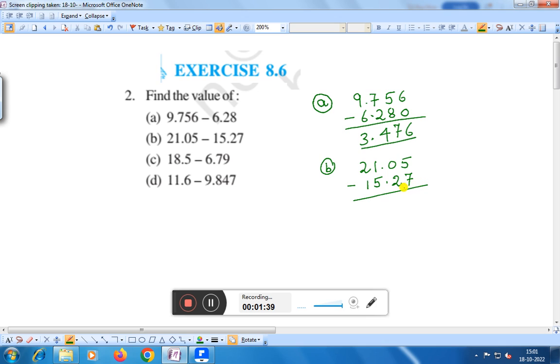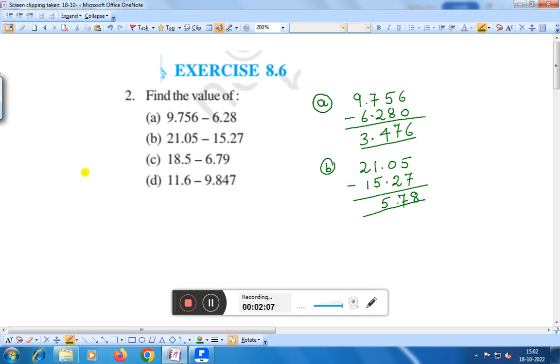You subtract, you will get 5 7, this is 5 7 8 15, carry 1, 2 plus 1 is 3, that is 7, carry 1, 5 1 6, 6 5 11, carry 1, 1 and 2 to the 0, it is 5.78. The answer of question number B is 5.78, right?